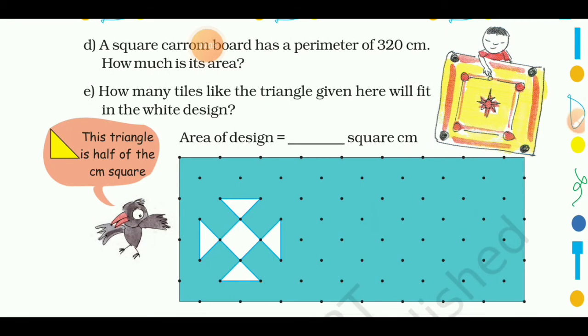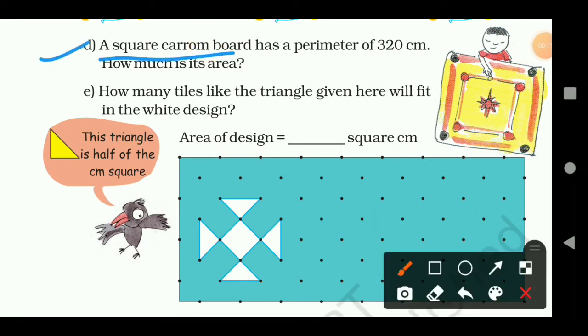Question number D. A square carom board has a perimeter of 320 centimeter. How much is its area? Student, here is asked area, and for area we need the value for side, means the value for length, but here value for length is not given, so we will find out the length by using the formula to find out the perimeter of a square. So let's find out this.